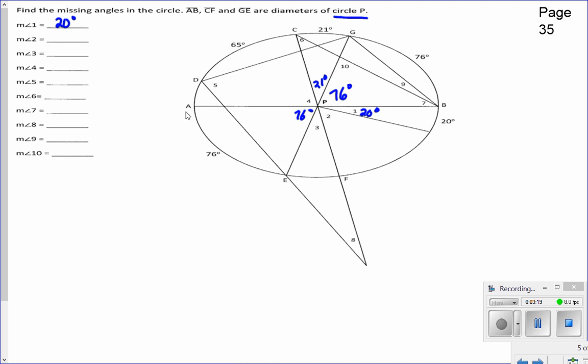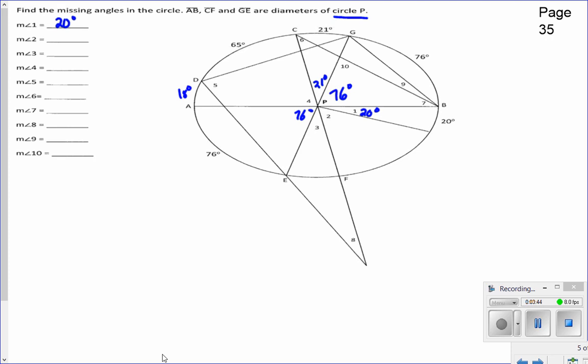So we can figure out this missing arc AD by adding 65, 21, and 76 and subtracting that from 180 degrees. So once we do that, we should be getting 18 degrees for that arc, and if we had a central angle there, we'd fill that in as well. So that is going to help us.